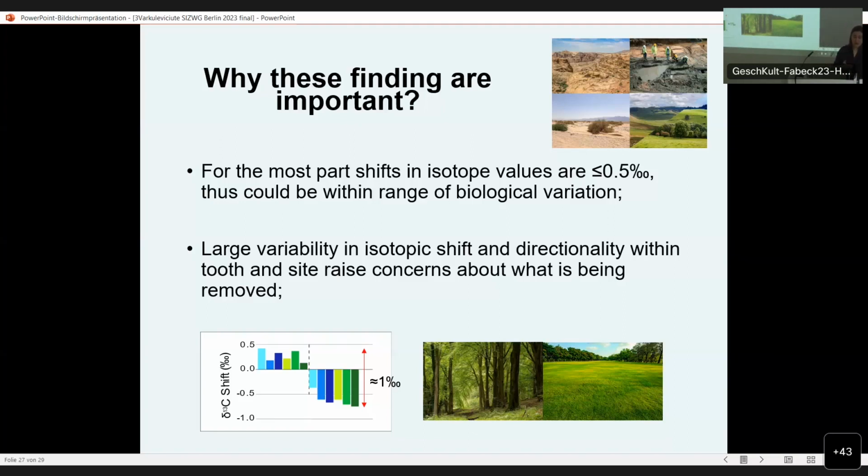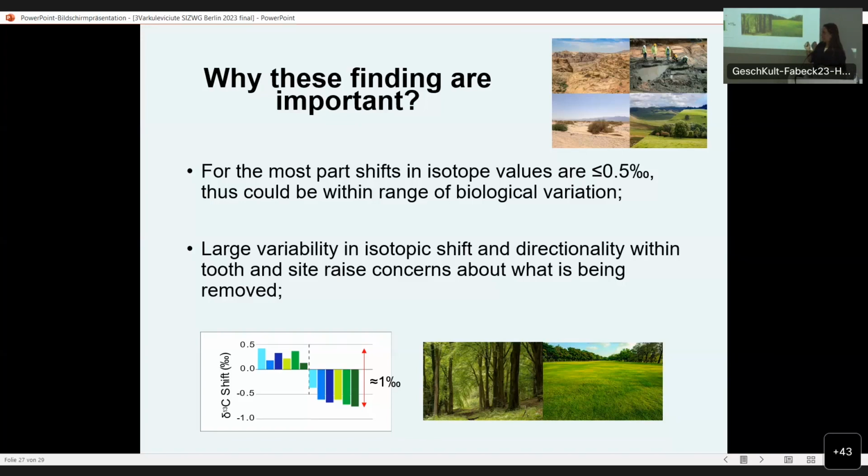However, the large variability in isotopic shifts and the directionality of it raises concerns, because if you have taken a bunch of teeth from your site and some post-treatment are shifted 0.5 positively, the others are shifted 0.5 negatively, you have a 1 per mil difference, and you might interpret the two samples as having some different practices being done or different environments.